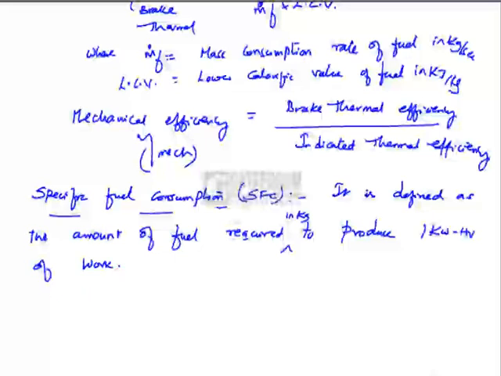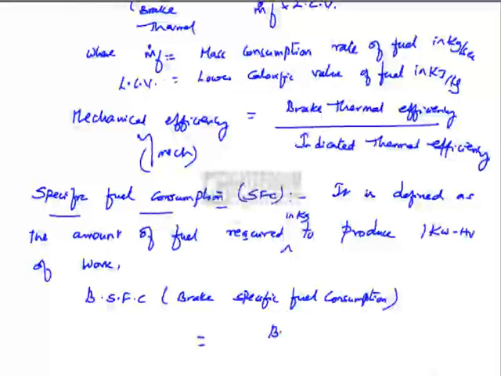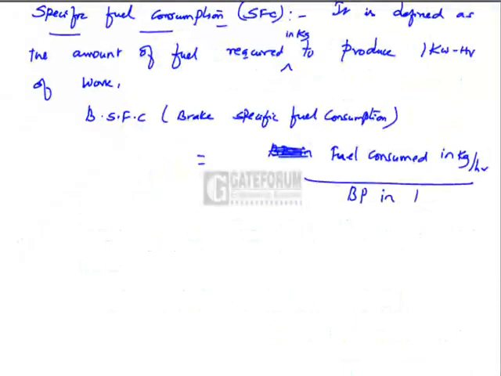It has two formulations here, that is BSFC, brake specific fuel consumption, which is equal to fuel consumed in kg per hour divided by brake power in kilowatts.